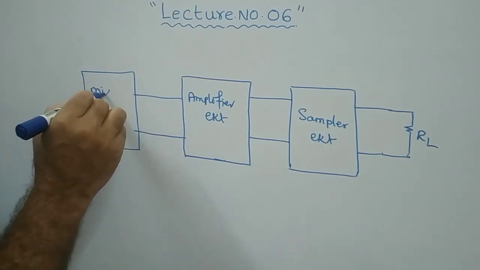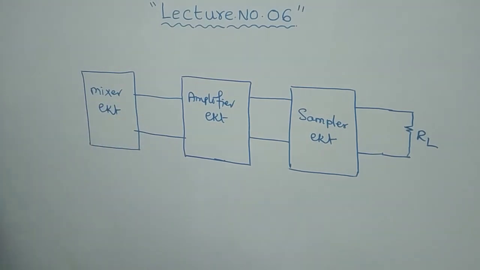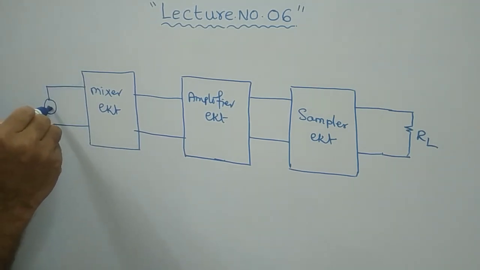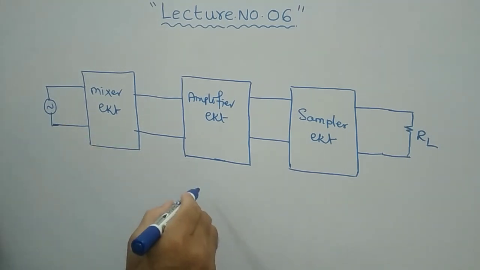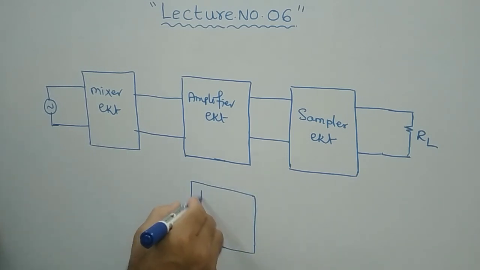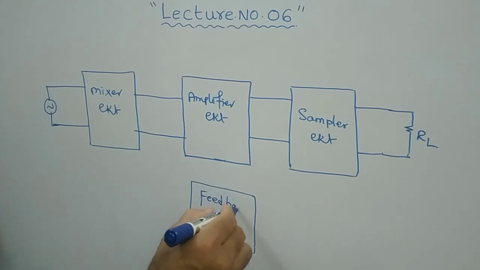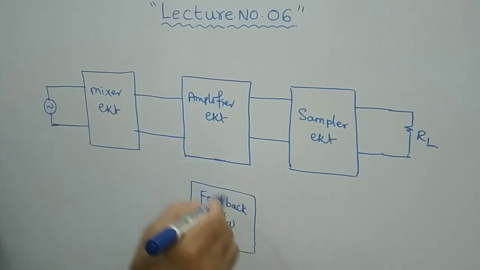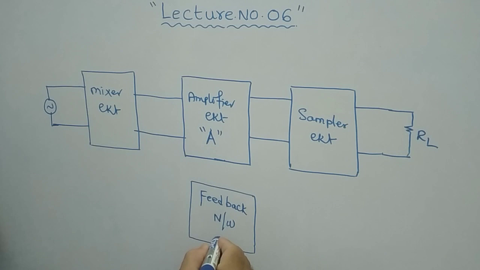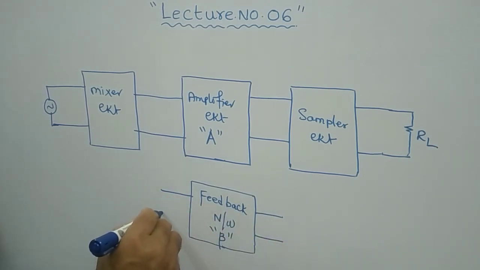For this you have the input, and here you have your feedback network. The gain of the amplifier is A, and the gain of the feedback network is denoted by beta. It is like a two-port network, with connections on both sides.